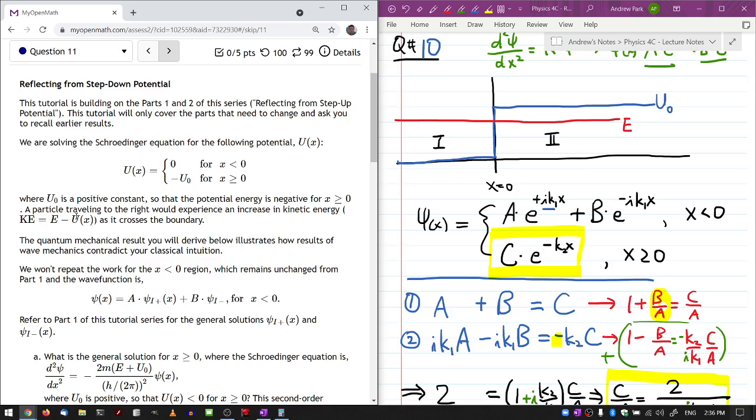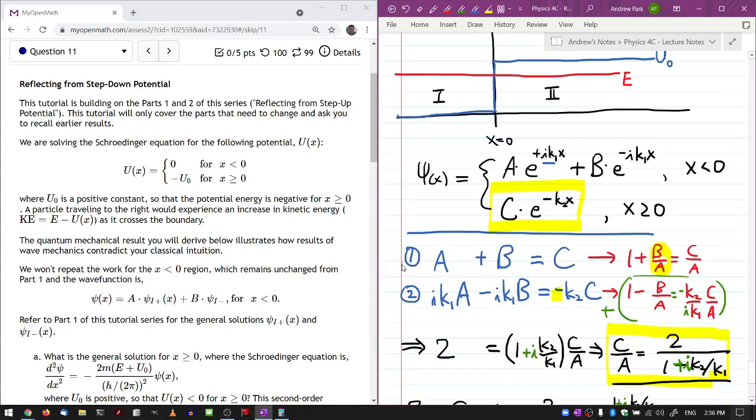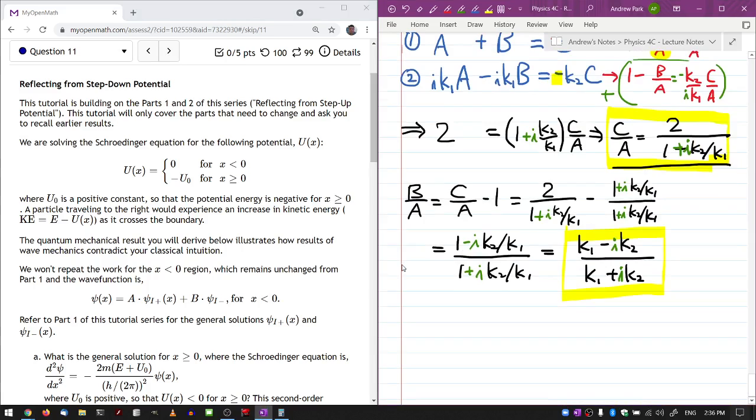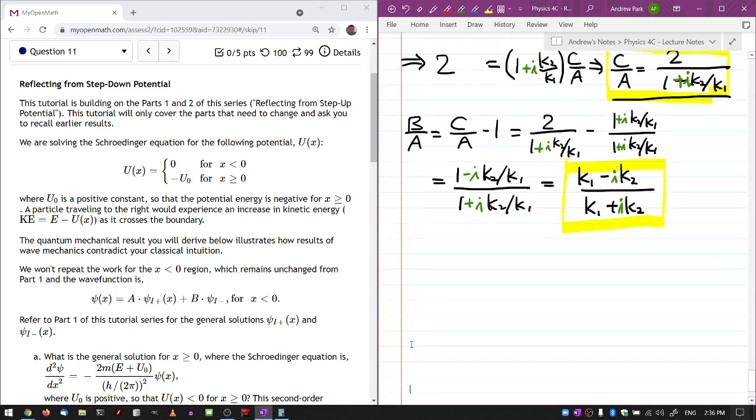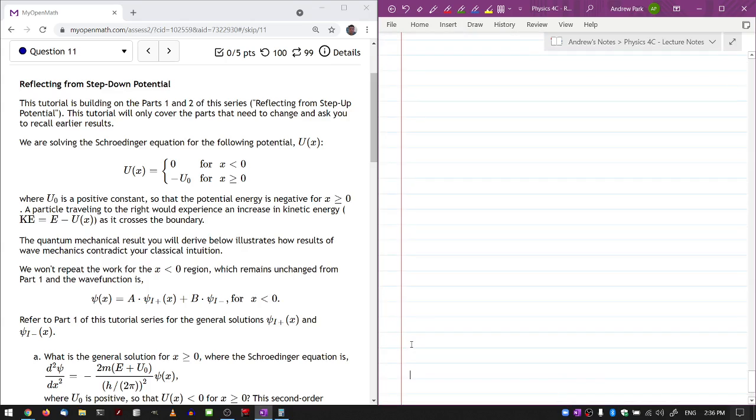We are solving the Schrödinger equation. Here the potential is actually stepping down. That's the beginning of a change big enough visually that I should start a new question, or new space. So this is question number 11. Let me redraw it.